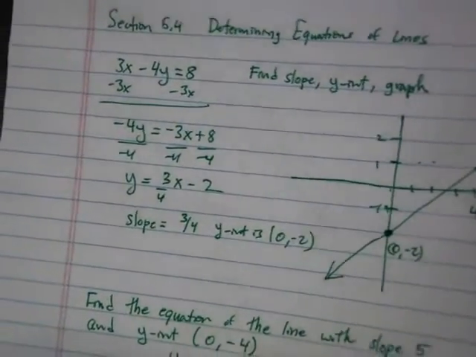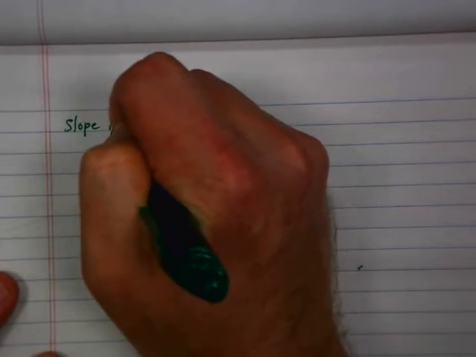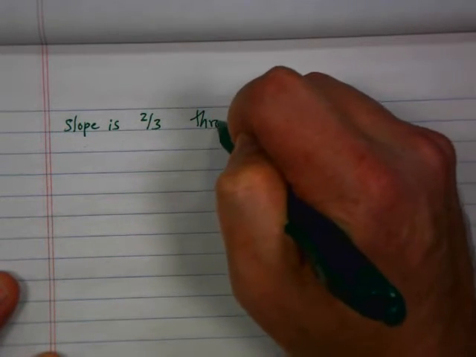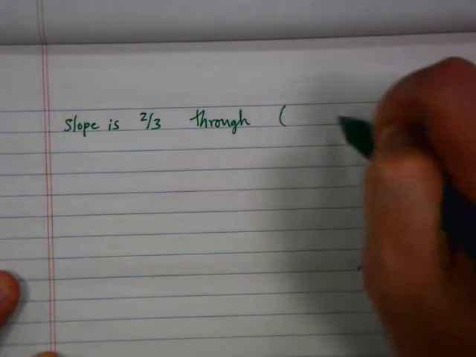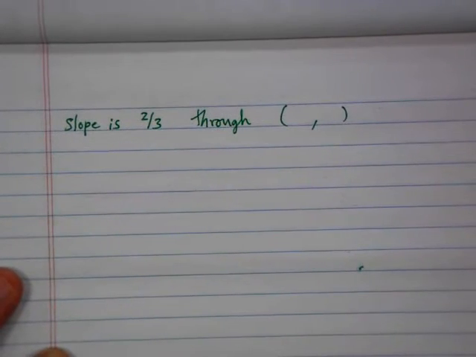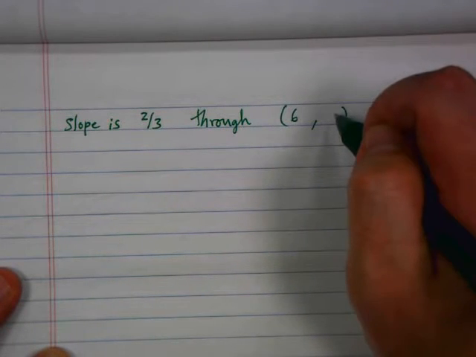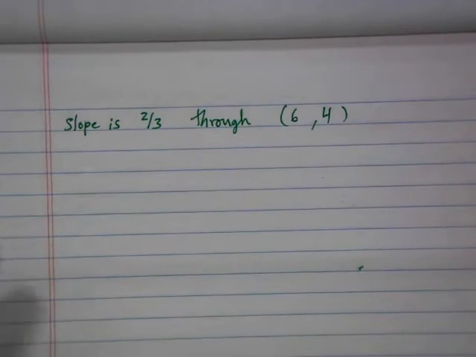What if I said the slope is 2/3, and we're going to go through, I don't know, somebody give me a nice point, except you can't have x to be 0. 6, comma, 4. 4, or 4 first.